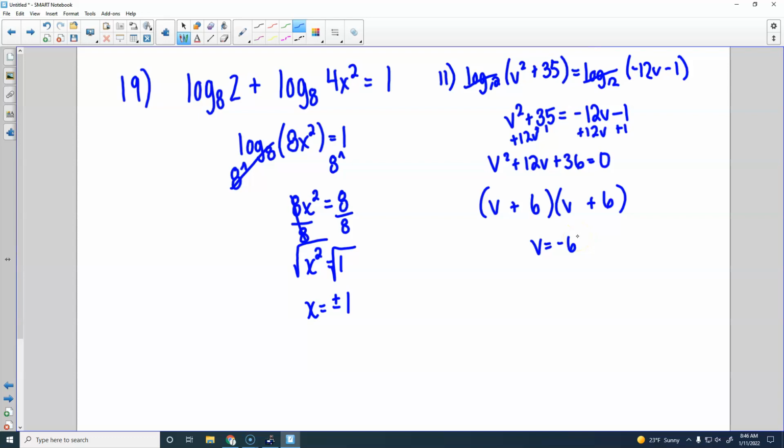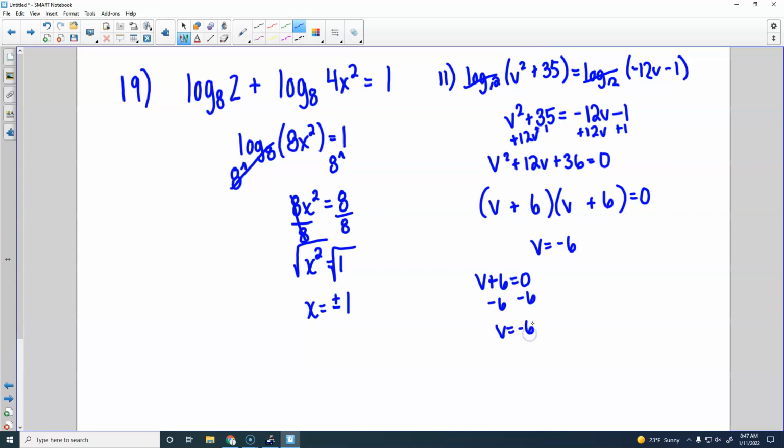I know yesterday when we were doing our game, that was one thing several of you were forgetting to do. You were factoring it correctly, but you have to set that equal to 0. We usually do it in our heads at this point, but you're doing v plus 6 equals 0, and then you're subtracting 6 from both sides.